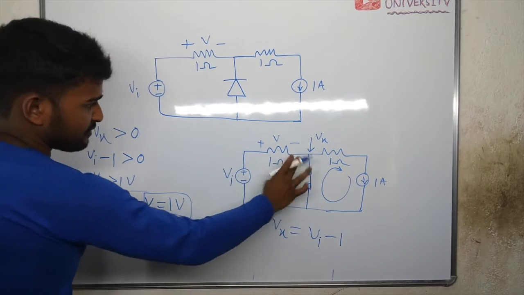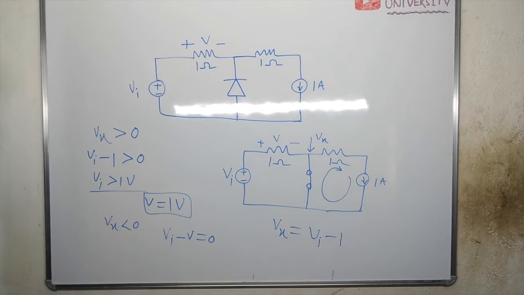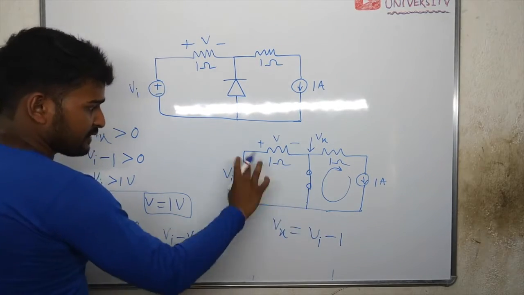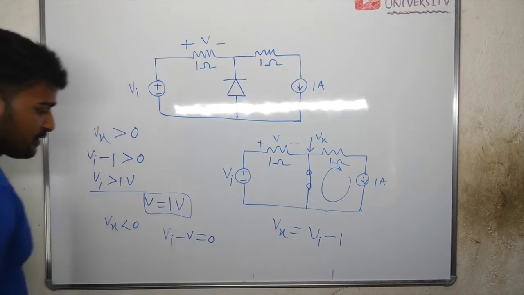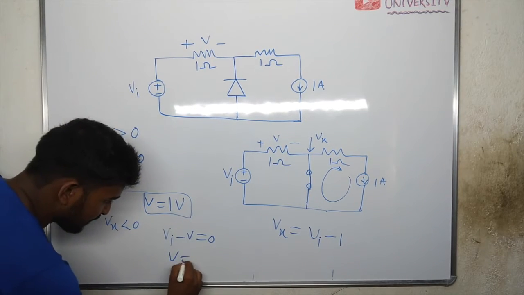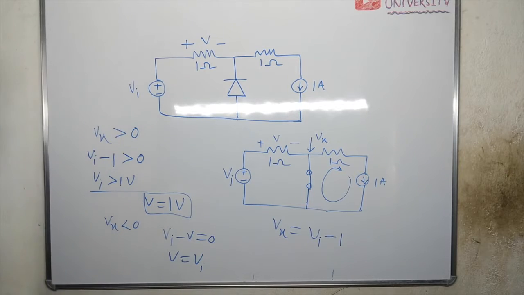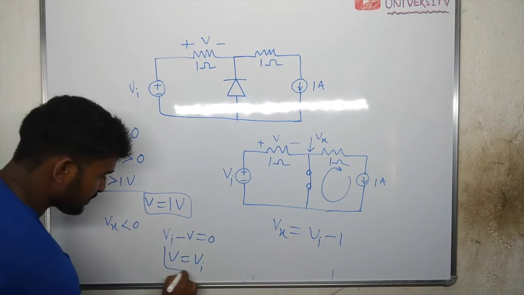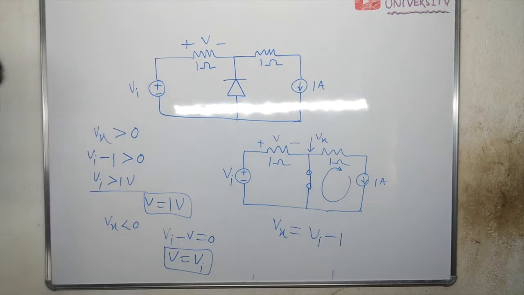This voltage minus this voltage will be 0 volt. If you short circuit this branch, then Vi minus B will be 0 volt. Then B equal to Vi. So this is when Vx is less than 0.